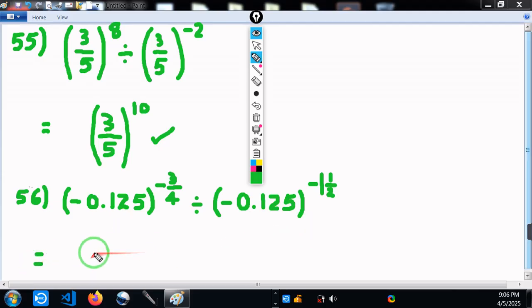Base same. Write that down. Minus 3/4, just write down minus 3/4, which we are writing down now.